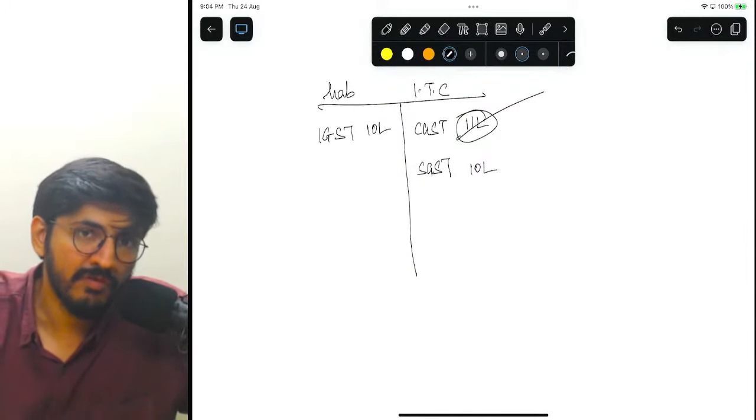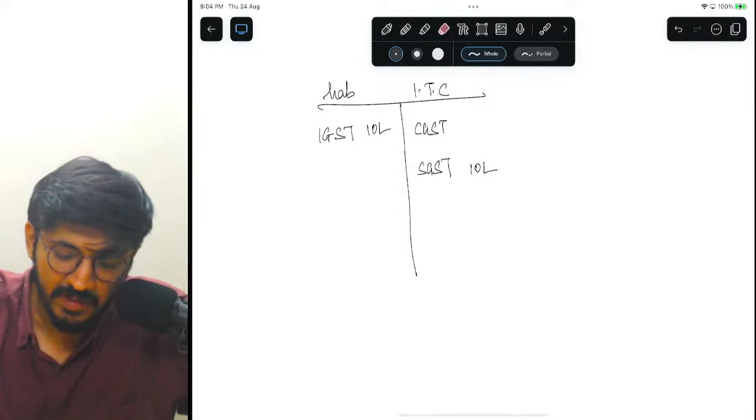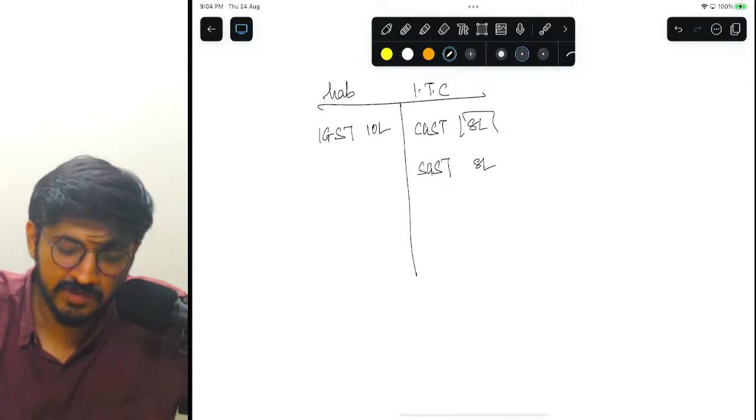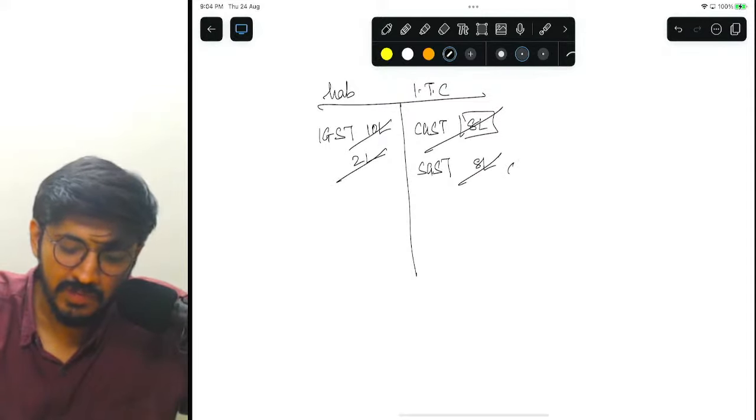And then you think of SGST. So, for example, even if it is 8 lakhs and 8 lakhs, use this first and knock this off. Then you have two remaining. Then you use this, so 6 lakhs will be carried forward.